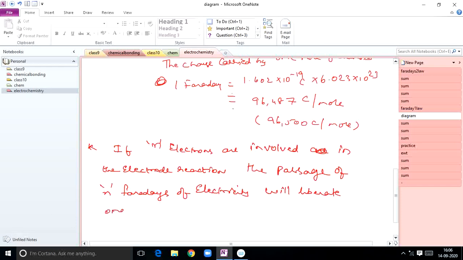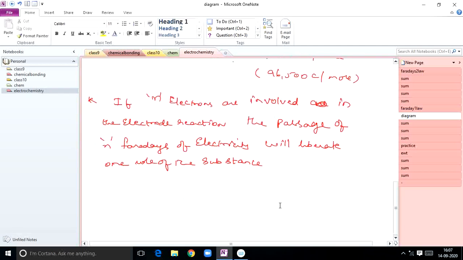Very, very important point. If n electrons are involved in the electrode reactions, the passage of n Faradays of electricity will liberate 1 mole of the substance.